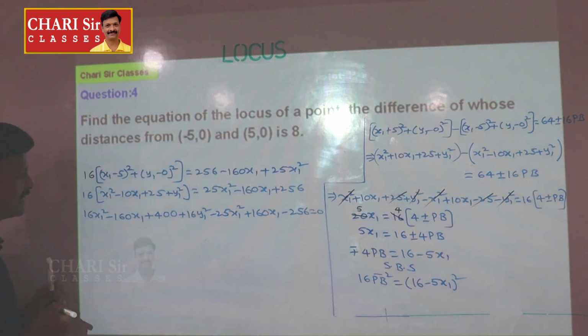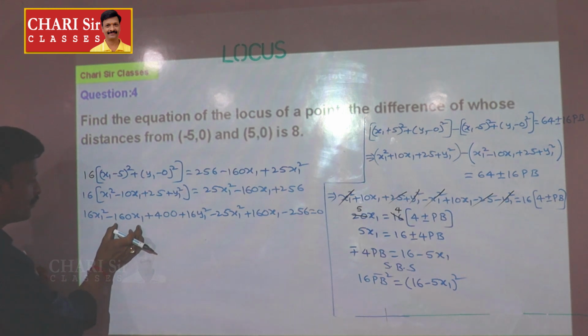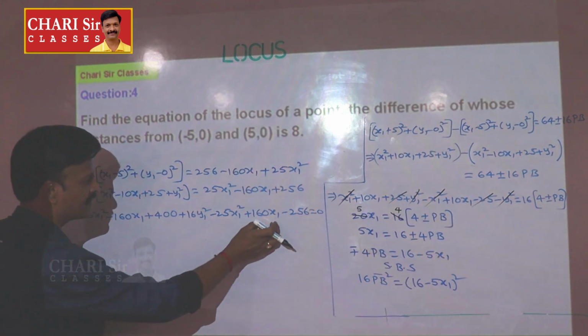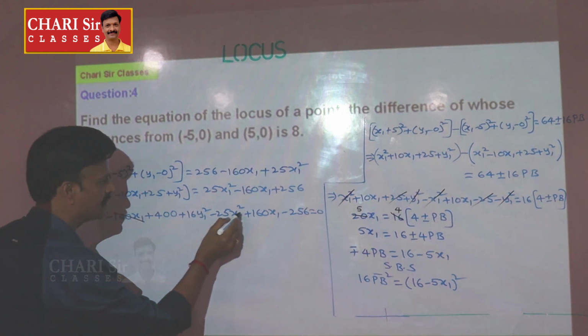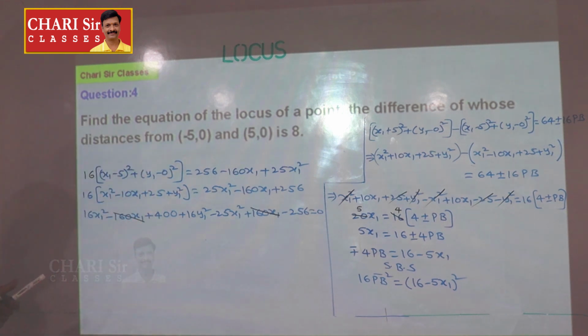Now anything gets cancelled from this, just we will see. So minus 160x1 plus 160x1, you can cancel these two, and is there anything else?